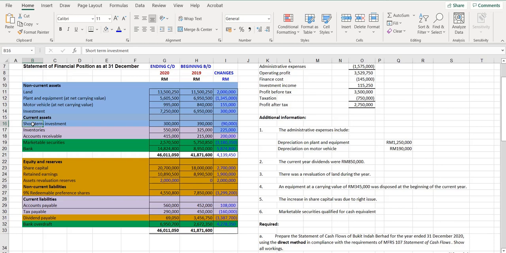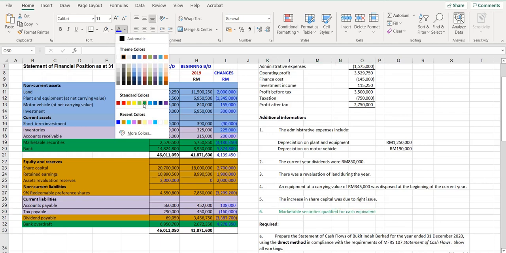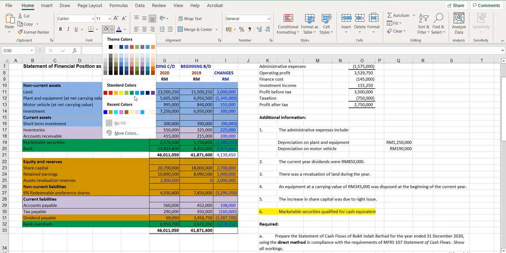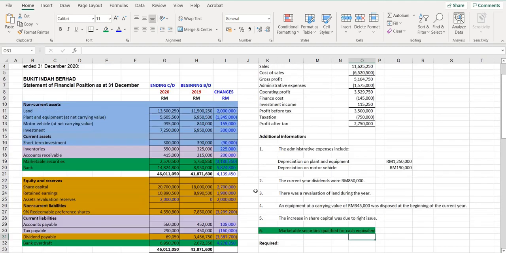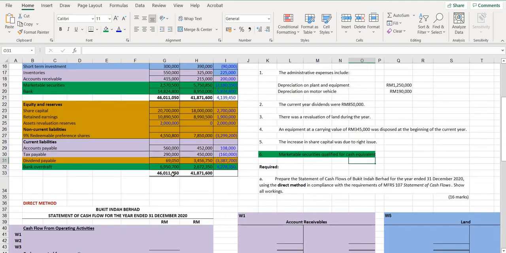The changes, for example a disposal, will have to be reflected in the investing activities. Before that, the information here did confirm that the marketable securities are actually part of cash and cash equivalent. Right, so after you have done the comparison, we can now start the preparation.